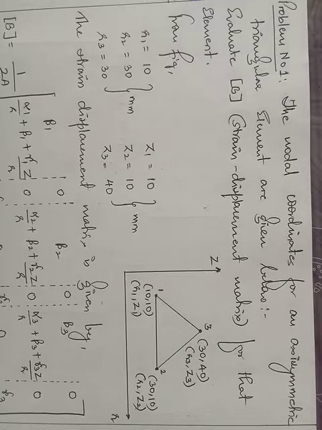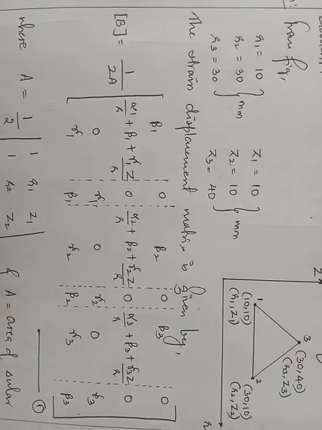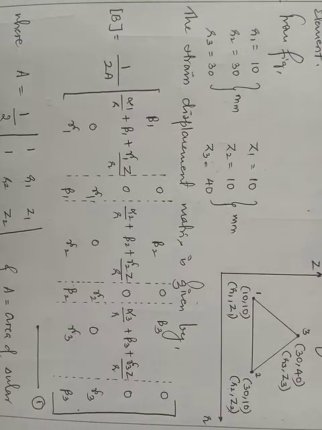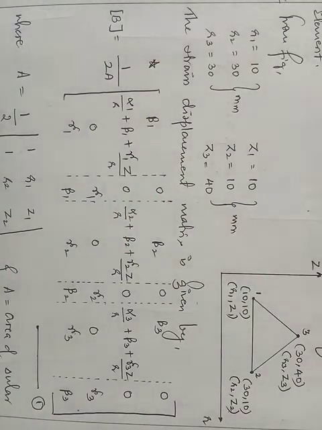So I need to first write down the general matrix for strain displacement. Okay, if you go to derive this matrix, it is a lengthy procedure. So the best way to tackle this is to remember this matrix. Okay, I am putting a star mark over here, which means that this is important and you need to remember it.